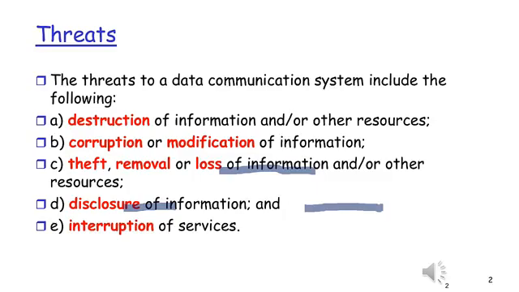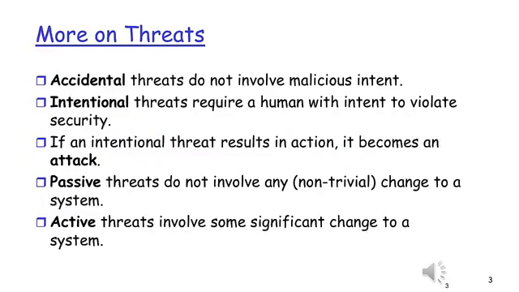So threats can really be of two classes. One obviously is the accidental threat. This is one without criminal intent. The other is intentional threats, where there's an intention to violate a security policy. Now, from the security protection perspective, we do not care between the two of them.